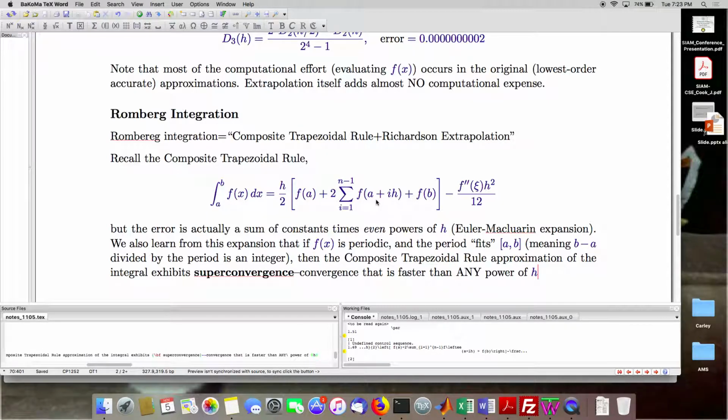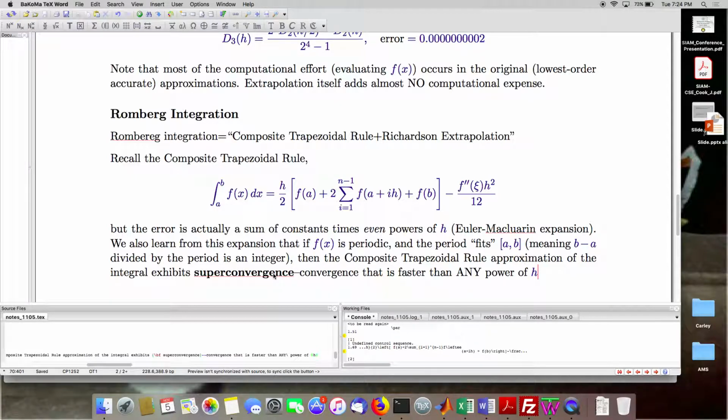None of the other methods that I can tell you about in this chapter will top it. And that's why sometimes in my research I've actually used this, because I know I have that kind of integrand, because it'll give me such an accurate approximation. So these are two key things about the Euler-Maclaurin expansion: a form of the error for a trapezoidal rule, even powers of h, and then when we can expect this kind of superconvergence.